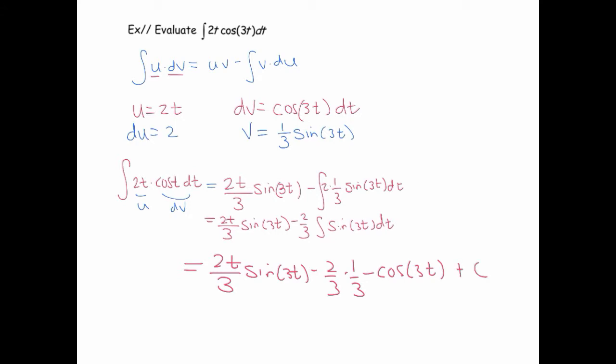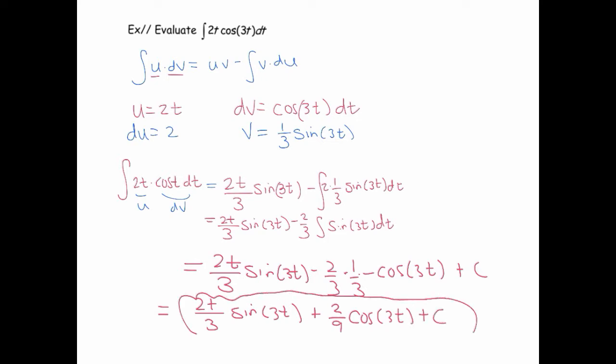I'll put a plus c, and then I'll write my final answer as 2t over 3 sine of 3t, and this becomes, I got a minus 2/3 times a 1/3 times a negative 1 out here, so that's going to be a positive 2/9 cosine of 3t plus c. And there's my final answer.